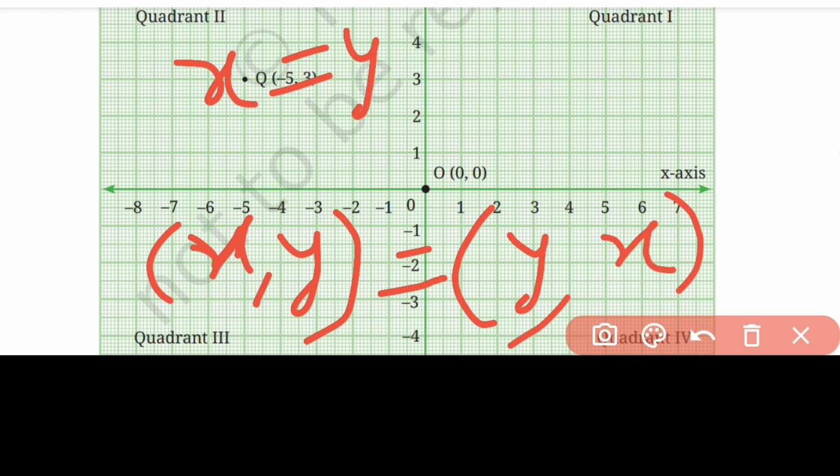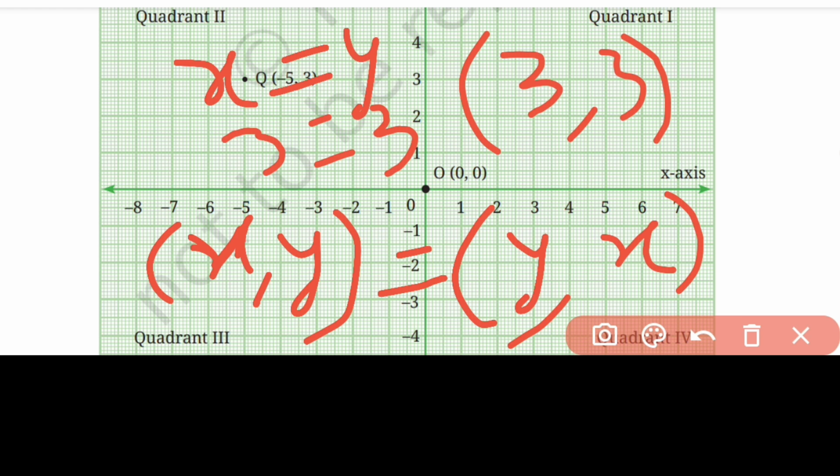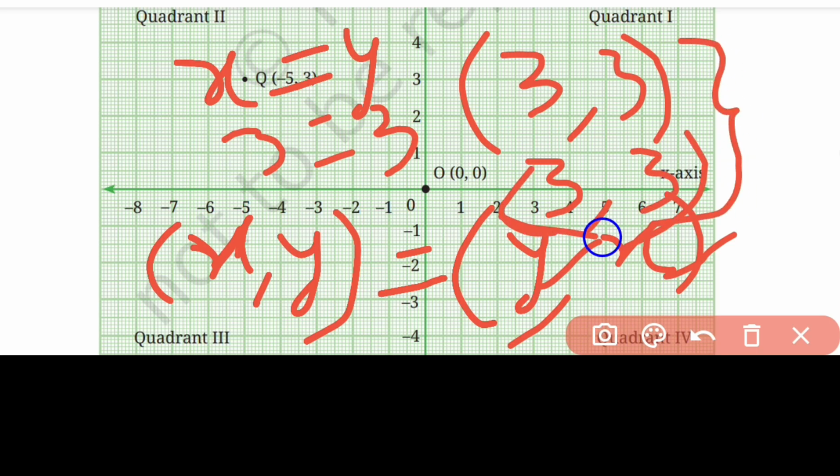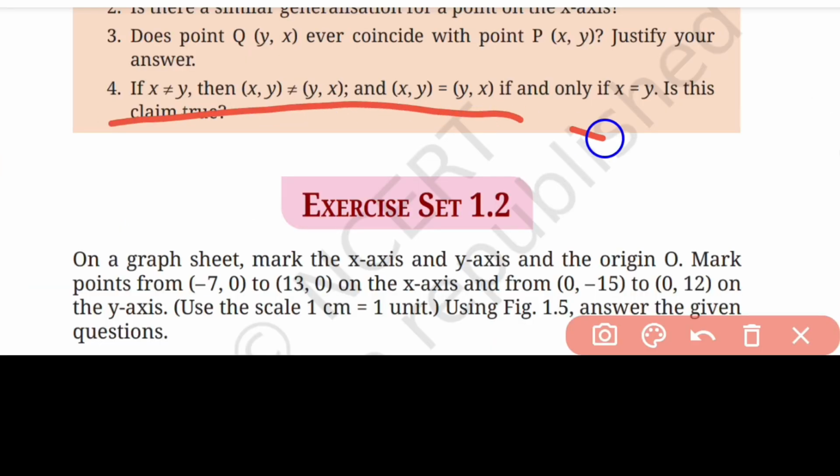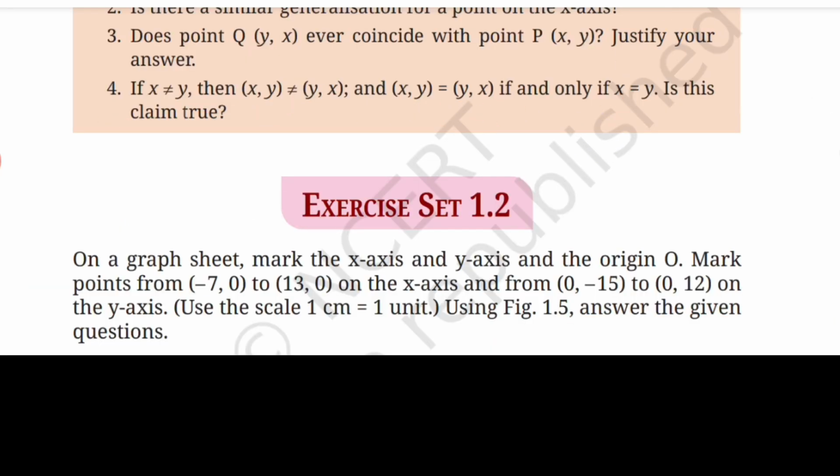So this is the statement. For example, if you take 3 is equal to 3, and if you substitute here, it is also equal to (3, 3). Now check, both are equal. Therefore, the statement given is true. This is the statement which is always true.